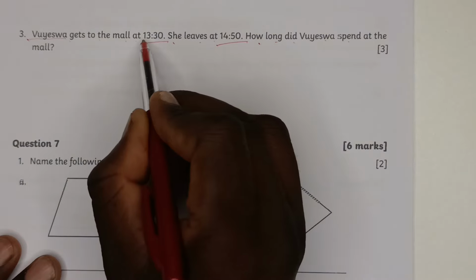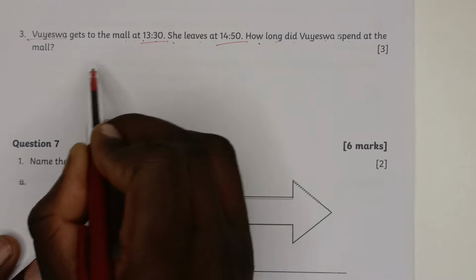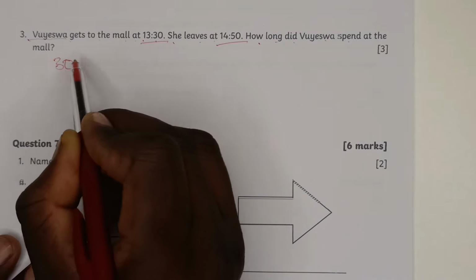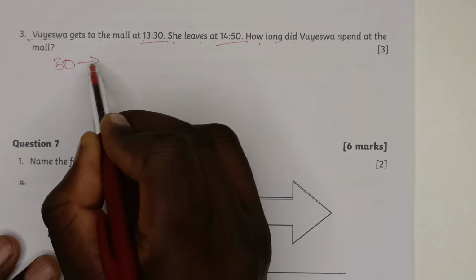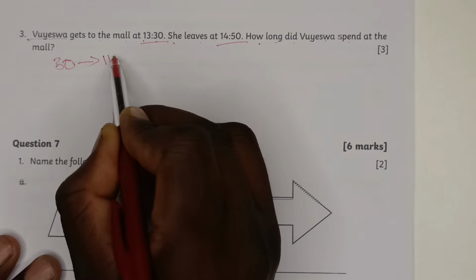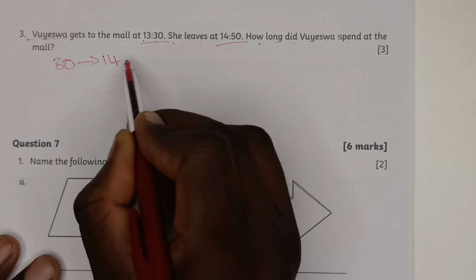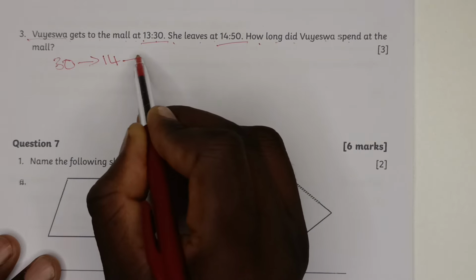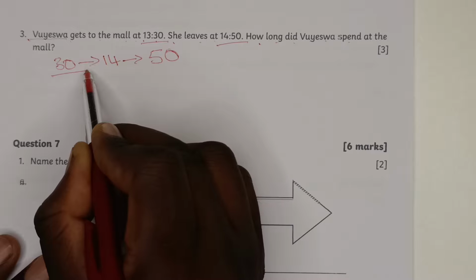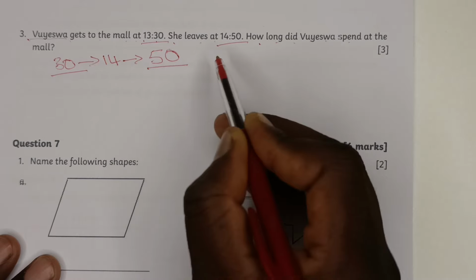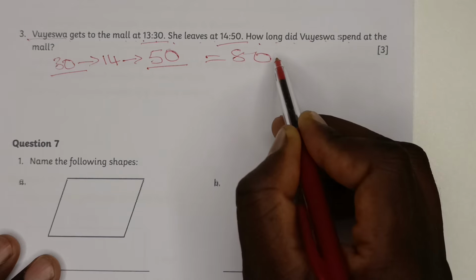She got there at 1:30, which means she spent 30 minutes until it was 14:00, which is 2 o'clock. And then she spent another 50 minutes. So it means 30 plus 50. It's 80 minutes.